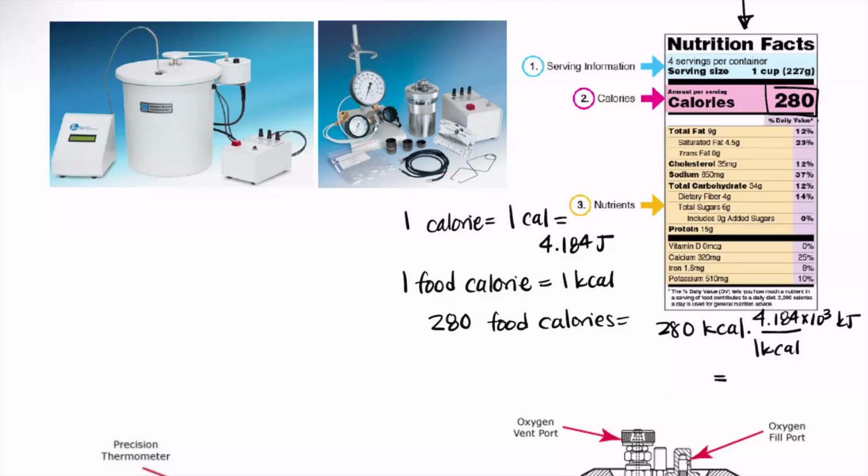So this is 1,171.52 kilojoules. All right, just as an example. So we can convert from food calories to joules or kilojoules.